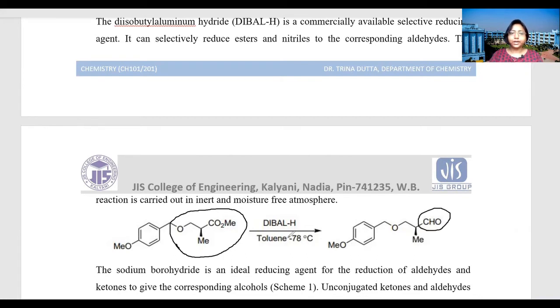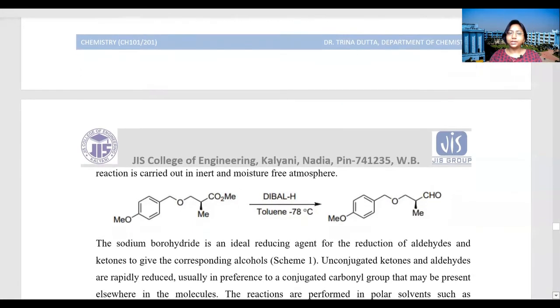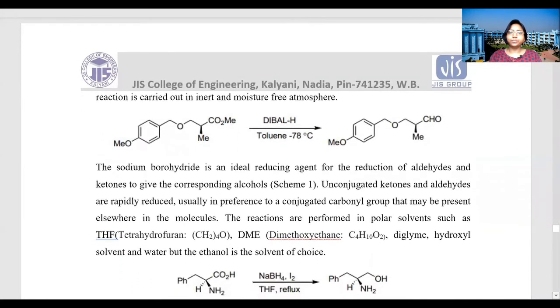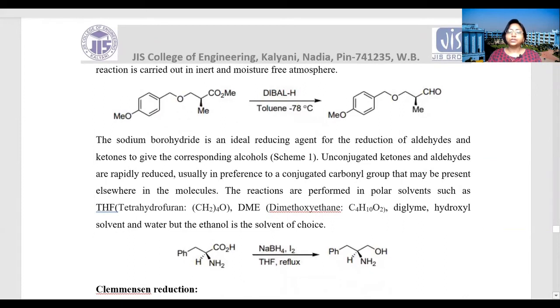Sodium borohydride, that is also another reducing agent, is an ideal reducing agent for the reduction of aldehydes and ketones to give the corresponding alcohol. So if we like to make the alcohol from aldehyde, then we can use sodium borohydride.